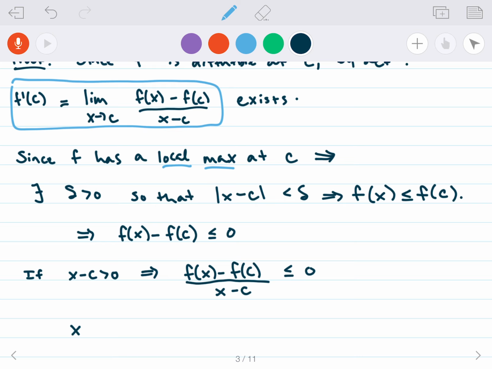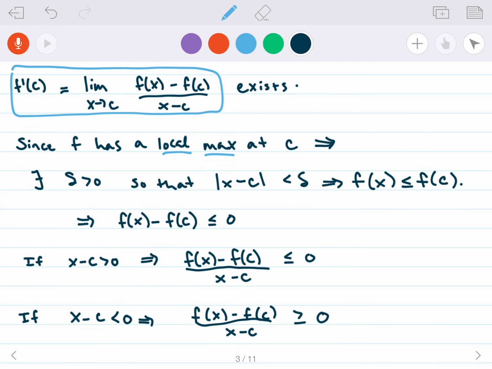And if x minus c is negative, the sign will flip. Dividing by x minus c on both sides is going to flip the inequality. So we really have two choices for what this can be, depending on whether x is bigger than c or x is smaller than c.